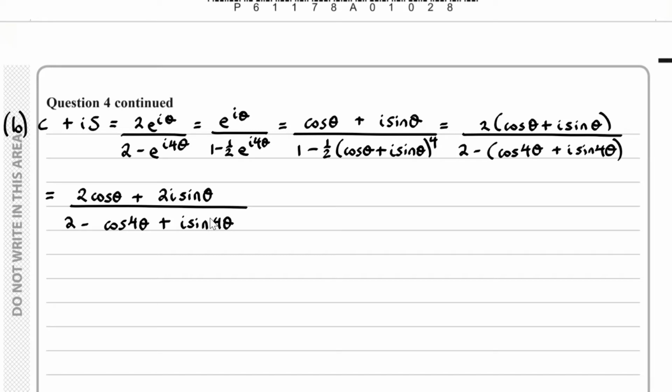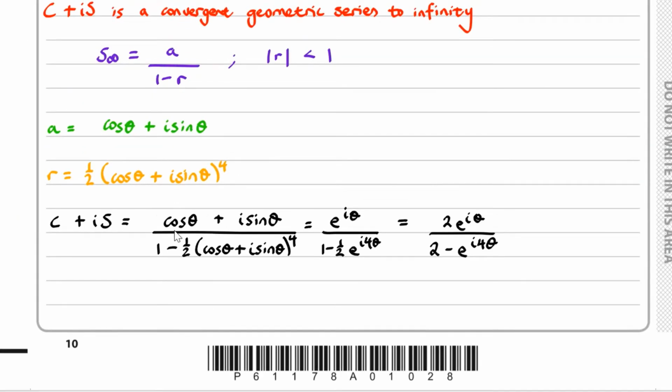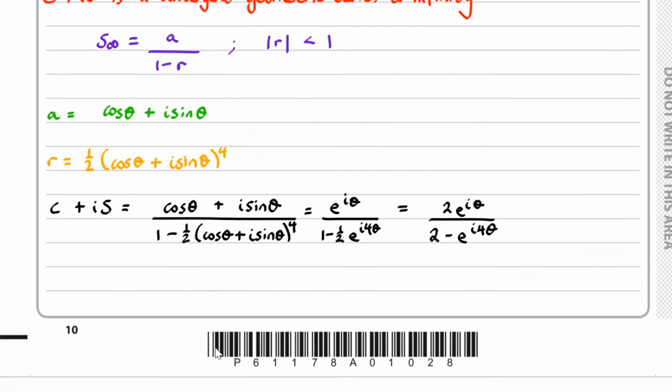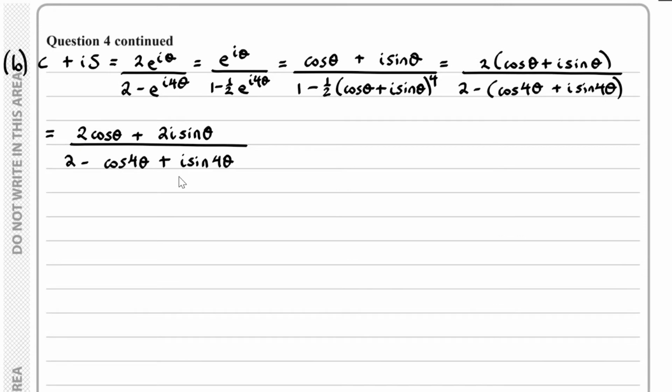And essentially, to do this question, to show that we have S equals something, if we rationalize the denominator to get rid of the i at the bottom, we can then compare the imaginary parts to work out what S is.